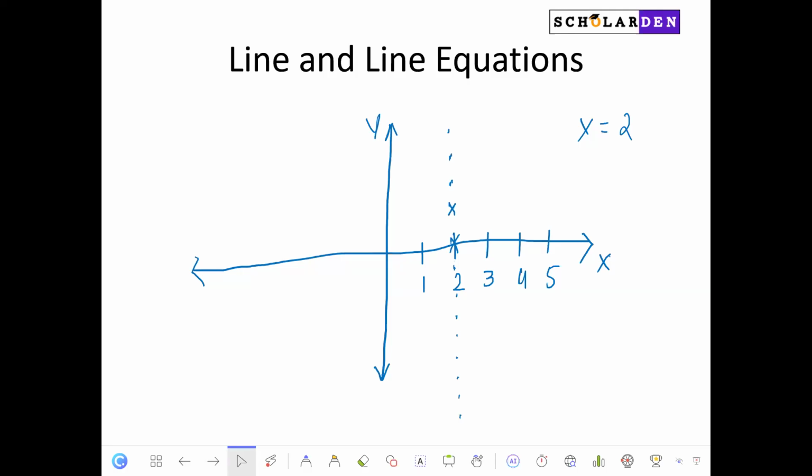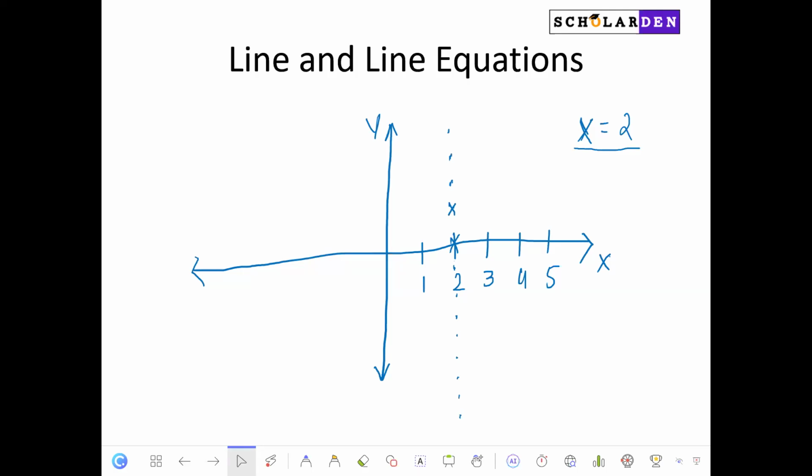So what's the purpose of showing this? The purpose is that now we have a collection of points which all satisfy this particular condition: for all of these points, the x coordinate is 2. We're not really concerned with the y coordinate right now, but we can see that the x coordinate for all of these points is 2.